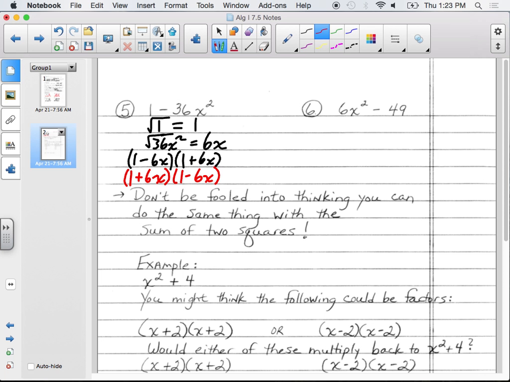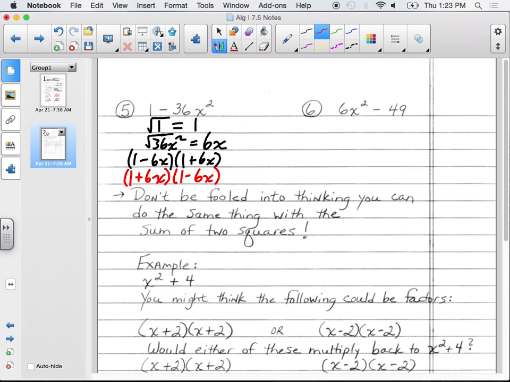The order does not matter for the factors. It does not matter which one comes first that has the addition or the subtraction, but the terms, their location in the factors matters. So we have to have one of those two answers for number 5. We cannot have 6x plus 1 or 6x minus 1. And that's an easy mistake to make.